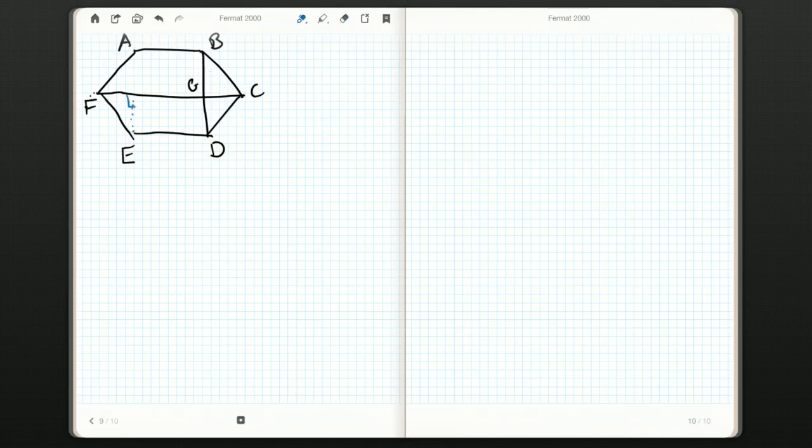And if we were to drop this down here to H, actually just use the diagonal AE, we get the point H. We can make some nice little observations.